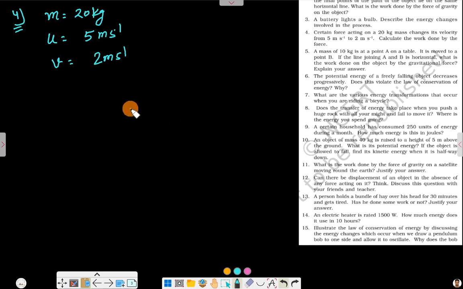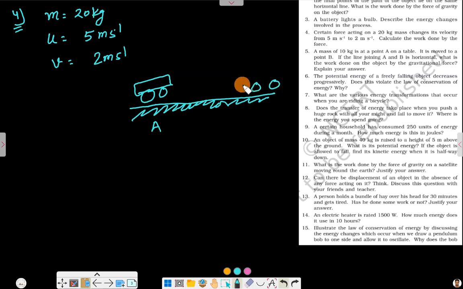As we know, if an object is moving, it must be moving horizontally. Suppose in the starting the object was at this position, position A, and after some time the object is at position B. At A its velocity is 5, at B its velocity is 2.